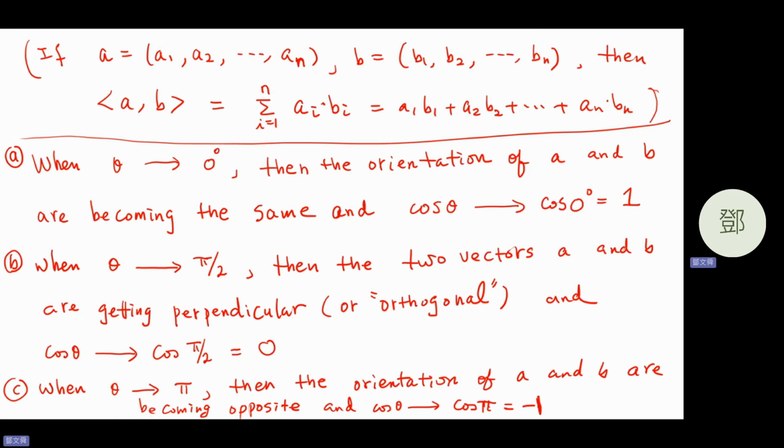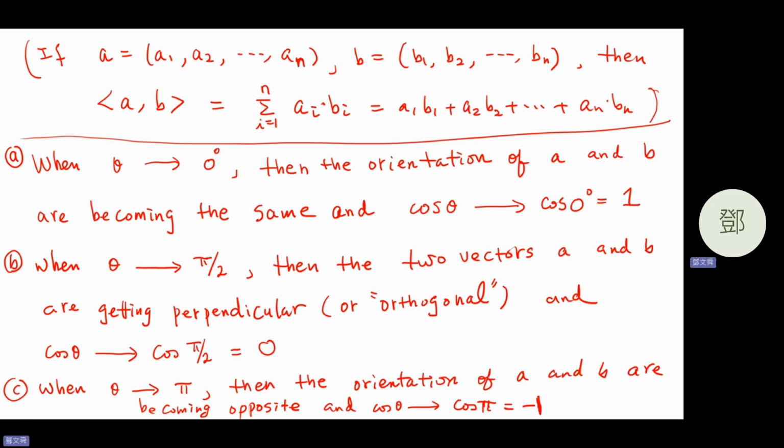Number one, when theta is very close to 0, this means that the orientations of A and B are becoming the same. When theta approaches 0 degrees, this is a vector, and so is this, a smaller one.